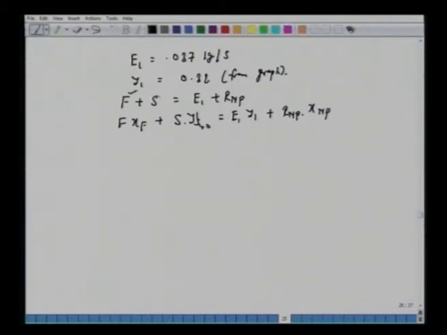We know F, we know S, we know Y1 from the graph we have read, and XNP is given to us. So two unknowns, two equations, to obtain E1 as 0.037 here and RNP as 0.013 kg per second. RNP is nothing but F plus S minus E1.